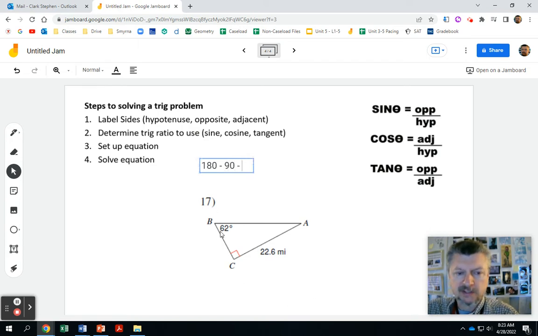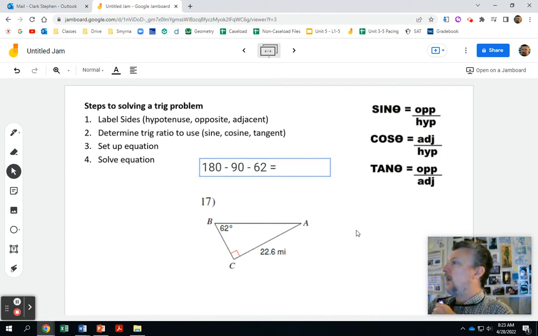And then you subtract 62, and you put that in your calculator. Randall, what's 180 minus 90 minus 62? 28. Oh, you didn't even need to use your calculator, did you? 28. Nice. Yeah, so 90 plus 62 plus 28 would equal 180. So this has got to be 28 degrees.